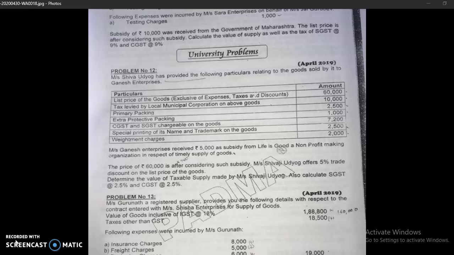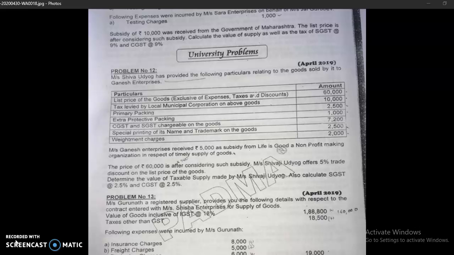First of all we have to consider the value of goods that is given in the problem. It may be called the list price of the goods. If you can see, the first item given is the list price of the goods. This is the original price of the goods. Along with that, what expenditure has been incurred by the supplier as well as the purchaser of the product.